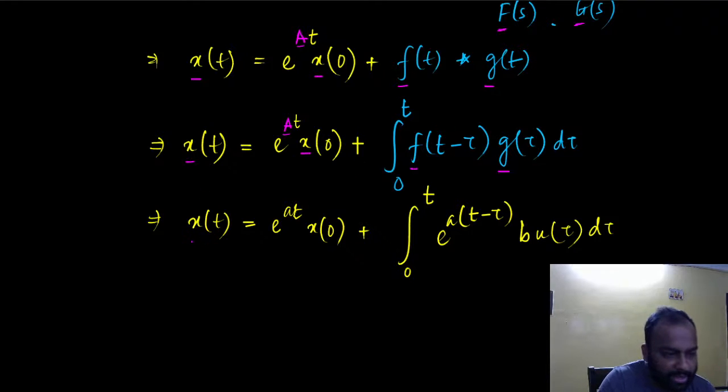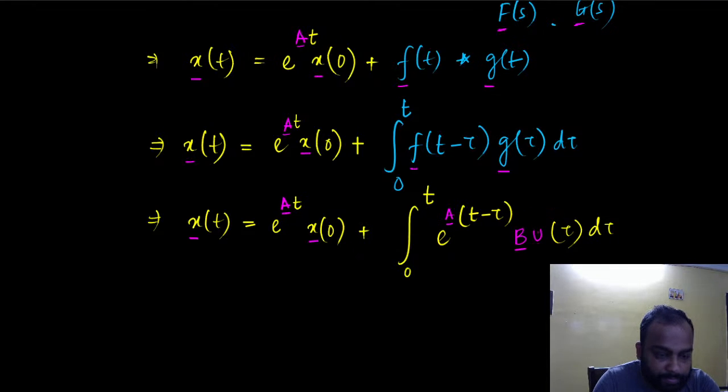Here, instead of e to the power at, once again I would have e to the power at, where A is now a matrix quantity. Here I have A, here I have B, and here I have small u.